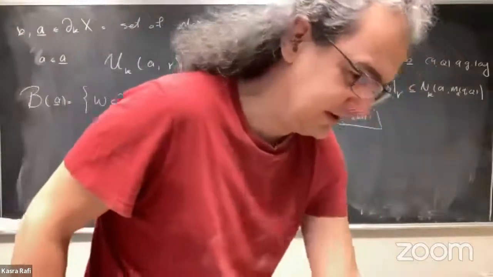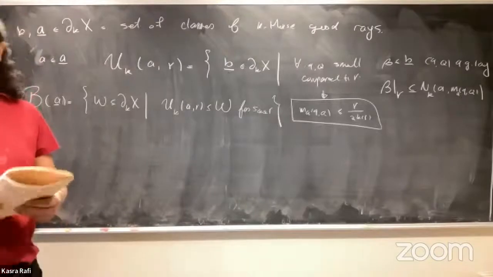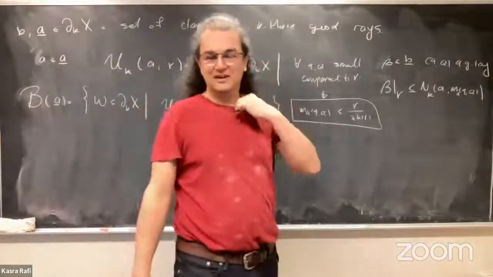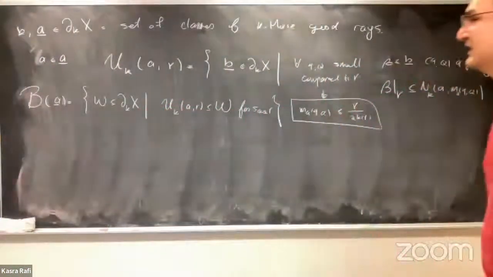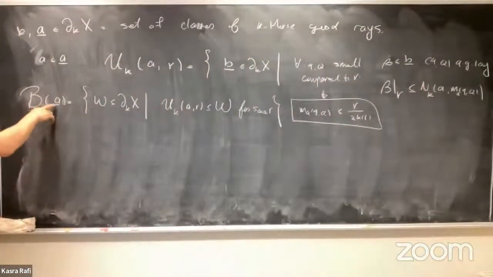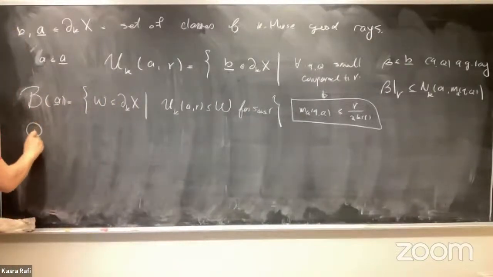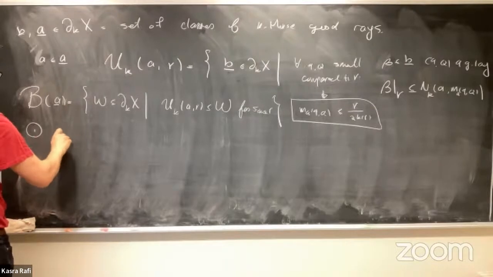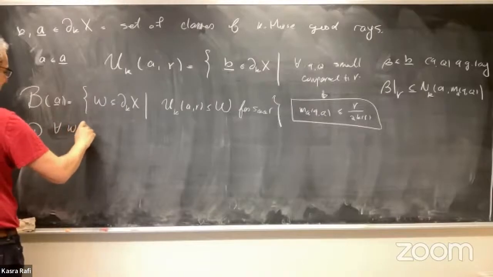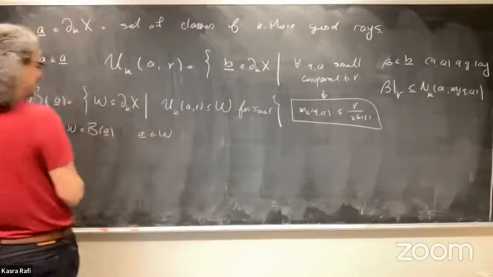Okay, so maybe I'll look this part up to make sure I don't miss anything. What do you need to know about neighborhood basis to say that they define a topology? Let's write it down and see if we can check them, right? So for every point, you have to have a basis of things, right? So one thing that you need is that for every W in B_A, the A has to be inside of it.